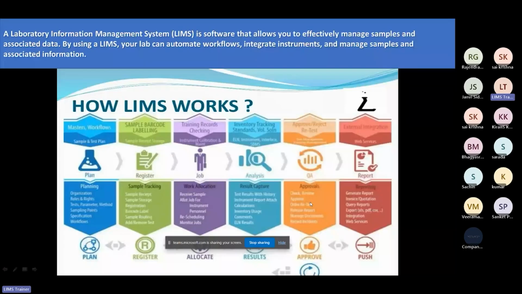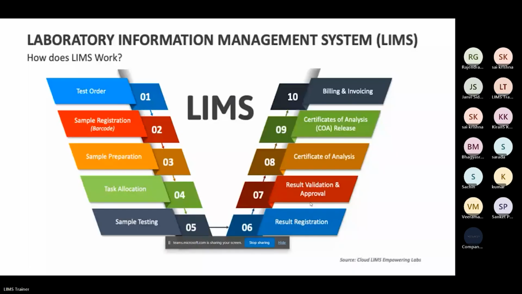In the next slide, I will explain a simplified version, where in 10 stages I can explain how LIMS works. The first one is the test order. Consider a pharmaceutical company laboratory, and I'm also considering a hospital laboratory.